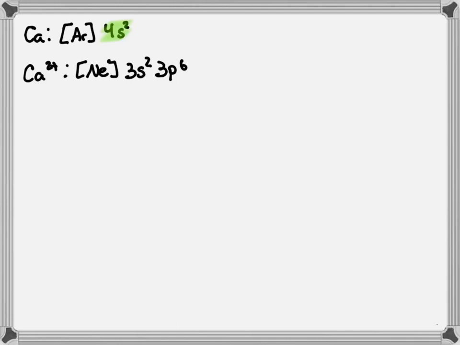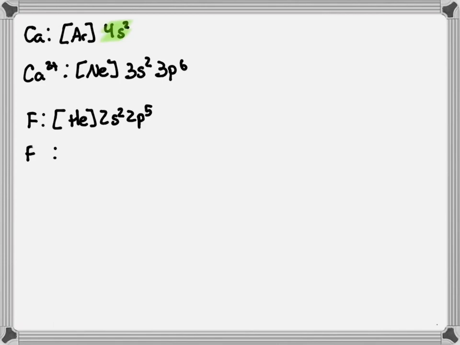Let's look at fluorine. Fluorine is in period 2. It has a configuration of helium 2s2 2p5. Fluorine is a nonmetal. It likes to form anions. So fluorine forms a -1, which means we have to add an electron.